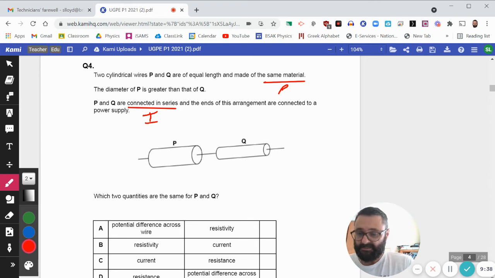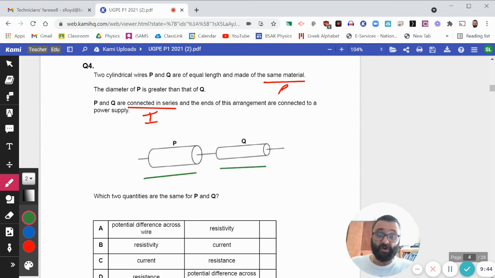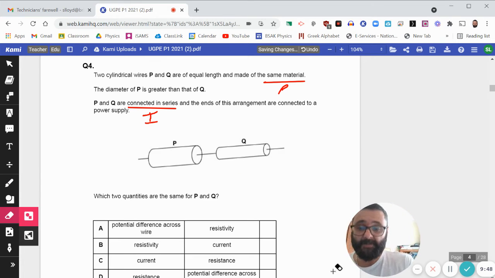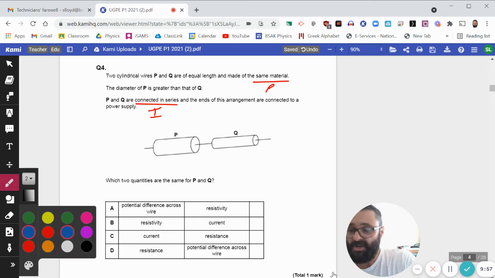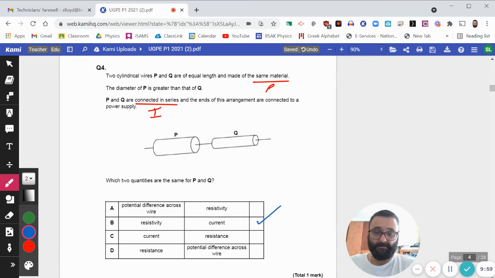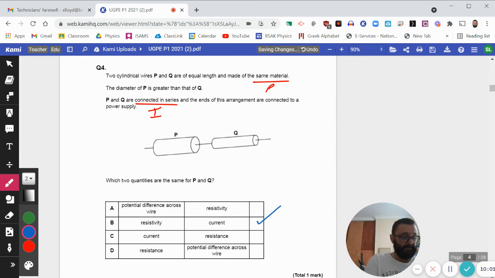Even if this is a piece of copper and this is a piece of plastic, the current will be the same. Okay, so same current, same resistivity, which is B. Makes sense?